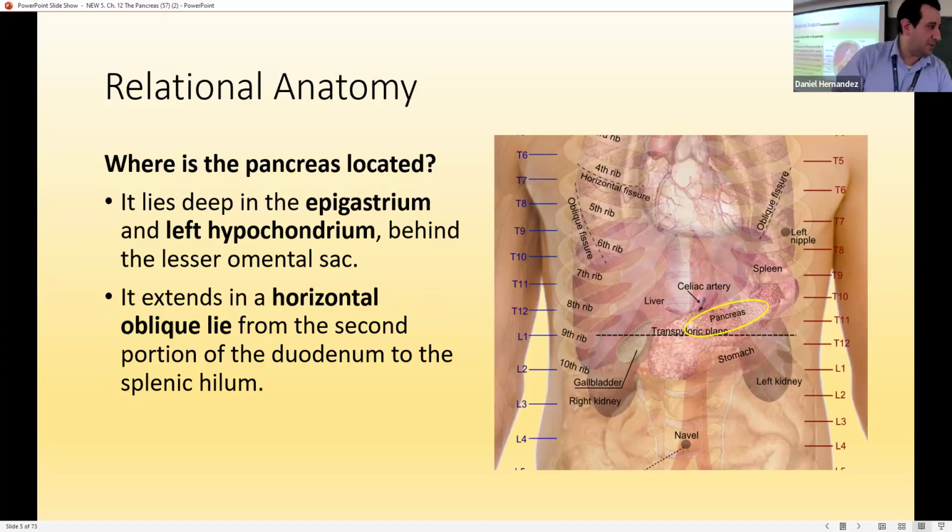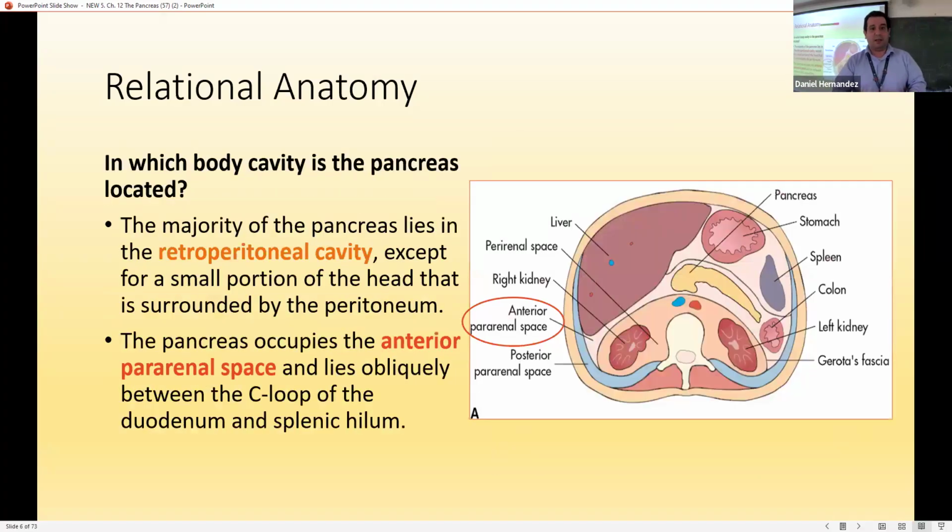The majority of the pancreas lies in the retroperitoneum, so it's more posterior. The head is more anterior in the perirenal space, and then it angles out towards the left and runs more posterior towards the hilum of the spleen.